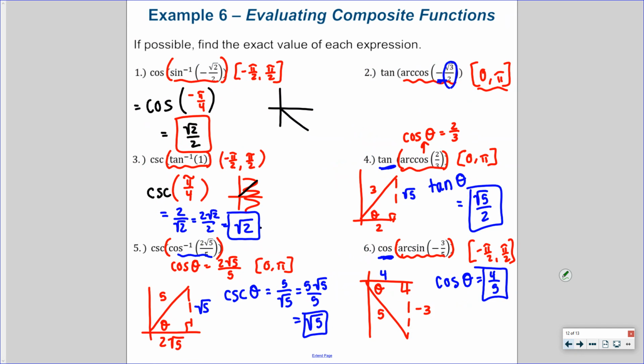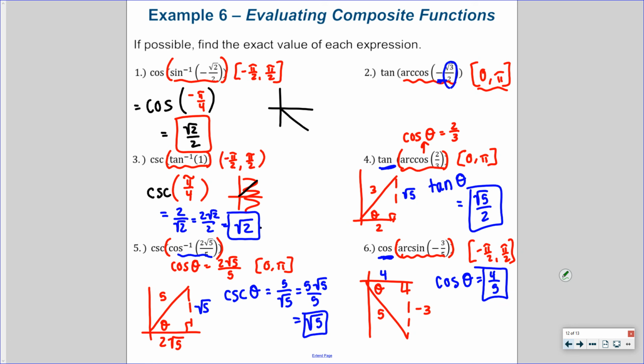My best way to describe it to you guys: it's the opposite of what we were doing before, where I give you an angle and a trig function, for example, the sine of pi over 4, and you would give me that number, that ratio, that output. Now we're going backwards, where I give you that ratio, that output.